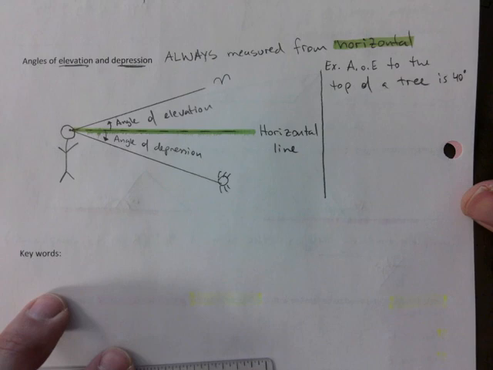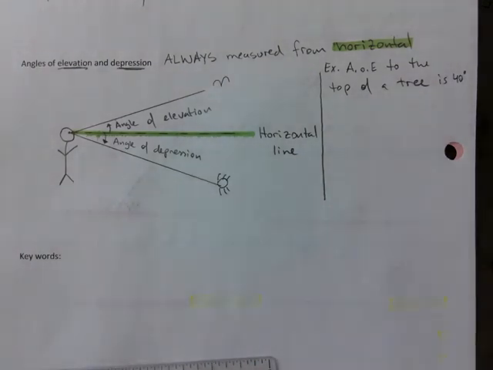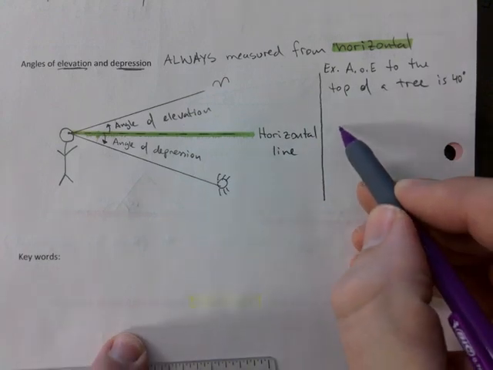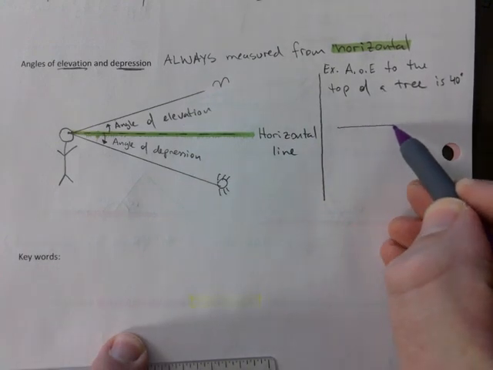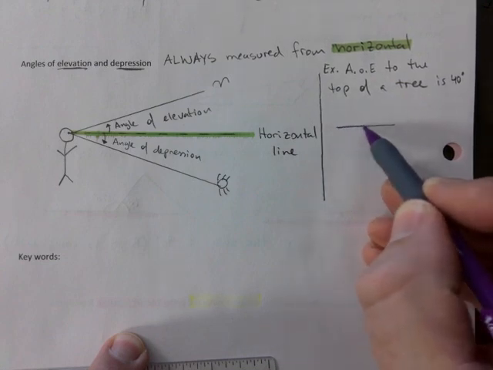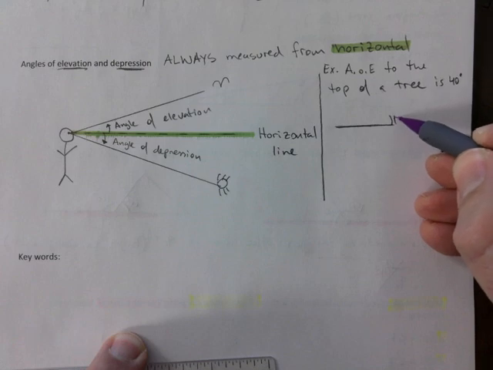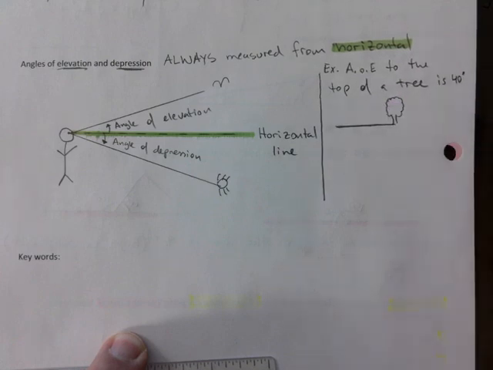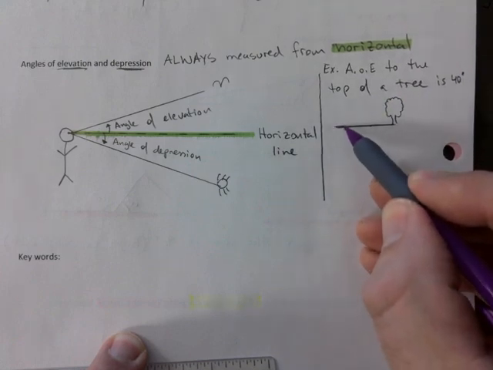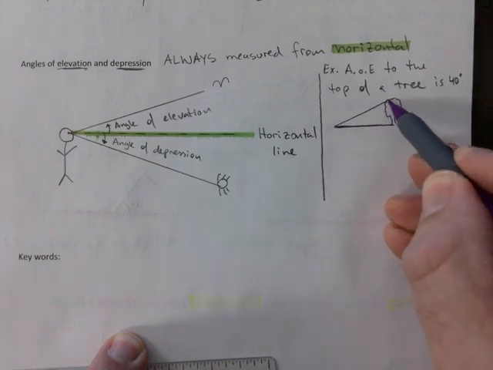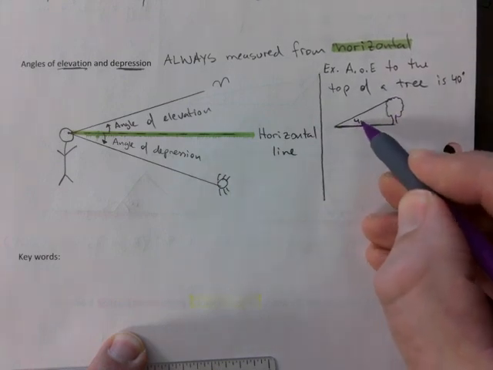Can you see that? You should be imagining a triangle where the ground is your horizontal. This is my tree, right? And so you would be measuring from the ground to the top, and that's where you would place the 40.